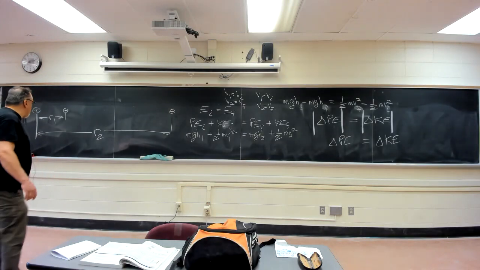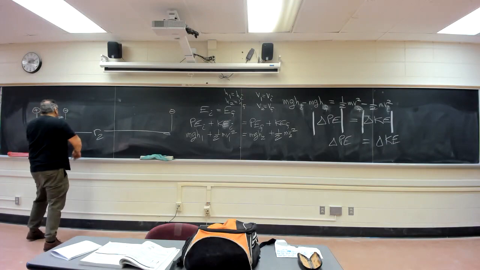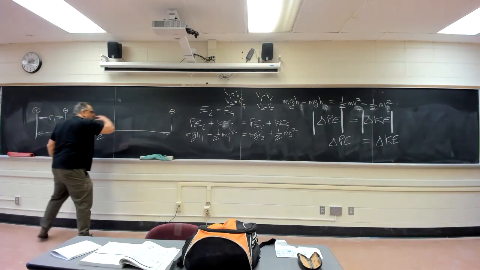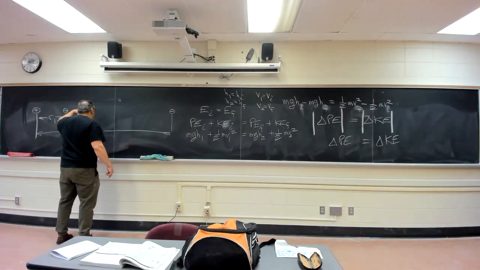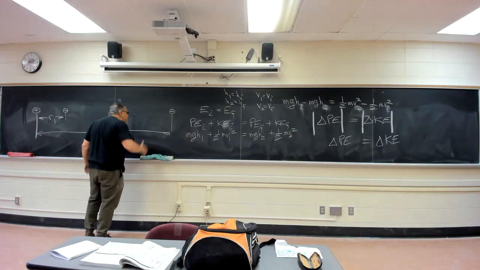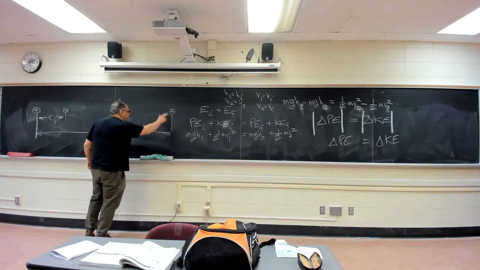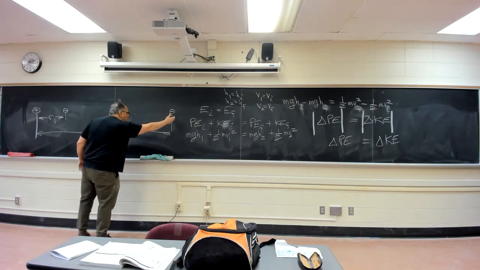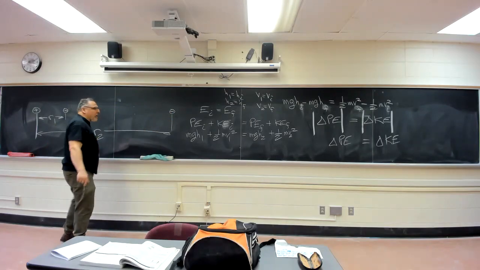When I was over here, if this thing's flying really fast, that great kinetic energy is being converted to potential energy. It goes to 0 kinetic energy, it's all potential energy. You let it go, it's a mirror image going the other direction.